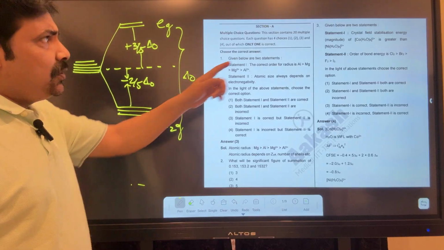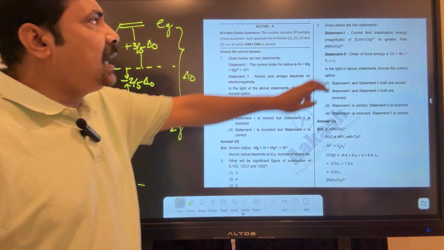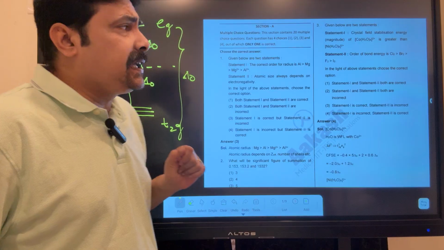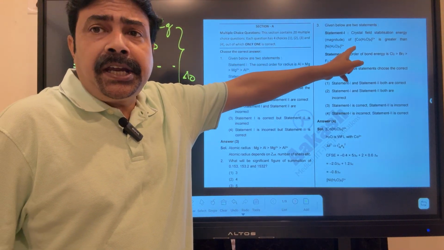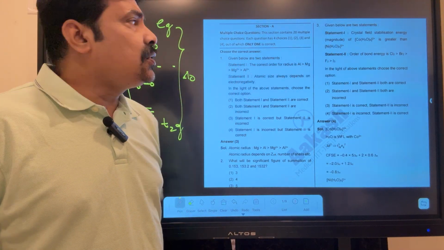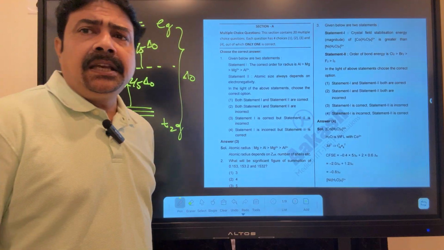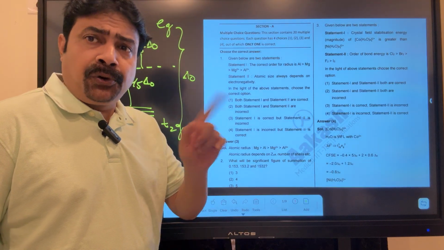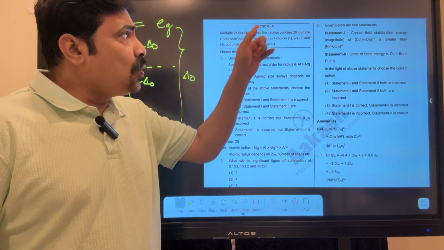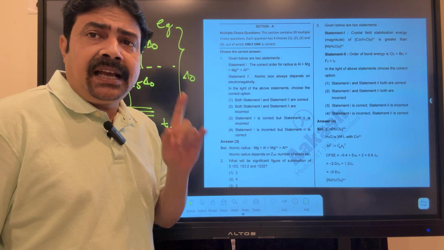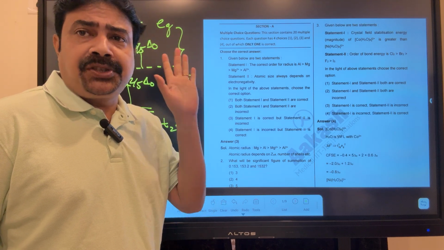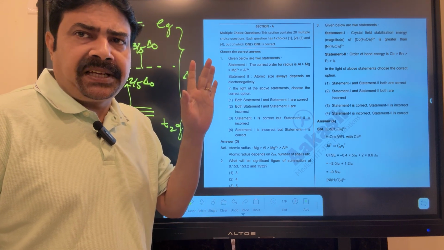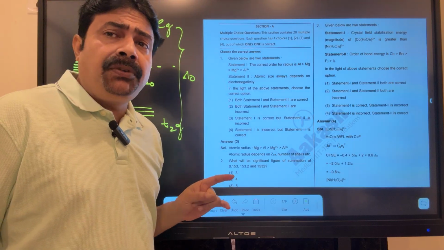Now here they are giving the [Co(H2O)6]2+ complex. Cobalt is in the +2 state, and H2O is a neutral ligand. Cobalt's valence electron configuration in the neutral state is 3d7 4s2. Now cobalt is in the +2 state, so it has a d7 and 4s0 configuration, with 7 electrons present, and the ligand is weak field.